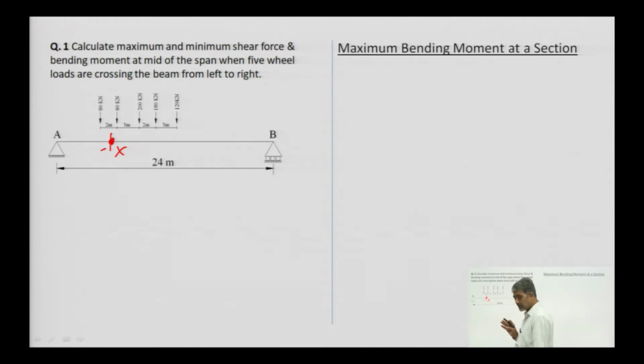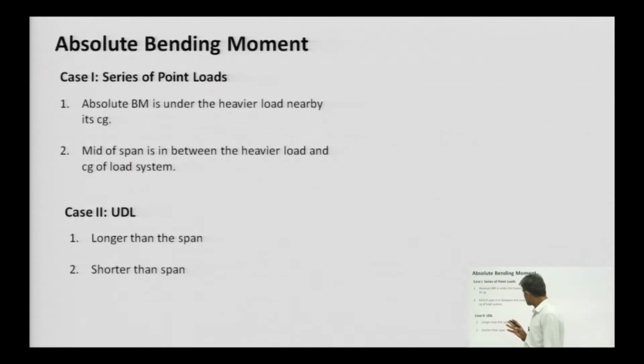In that type of situation, the section is not given. We first have to identify the section, and after identifying it, calculate the bending moment on that section. That type of problem comes under the absolute bending moment.